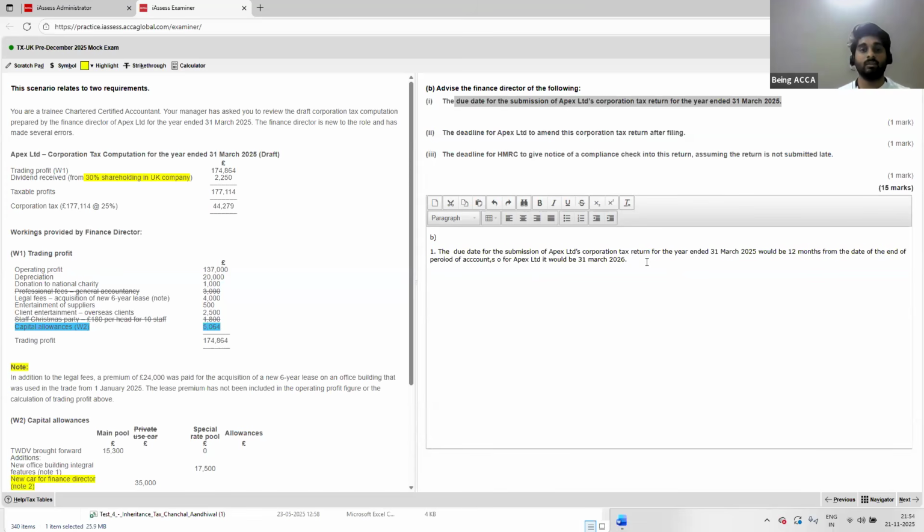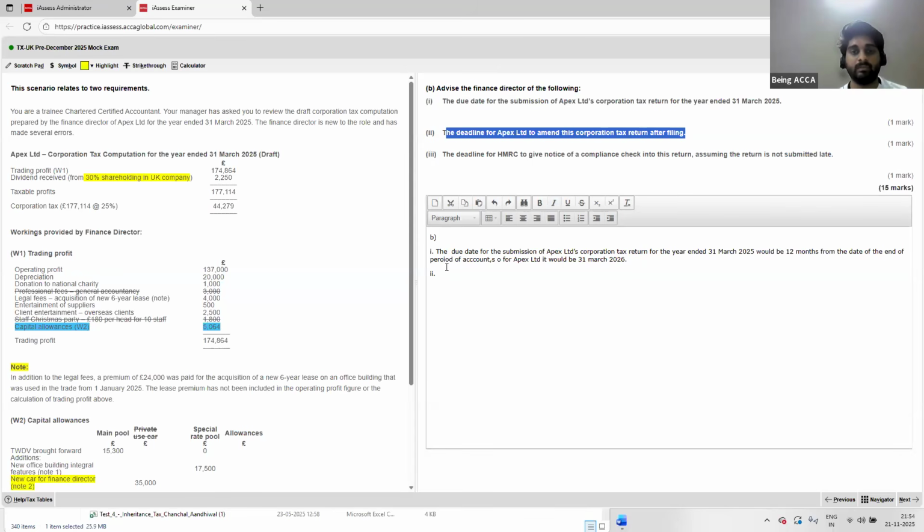All right. Next, we can directly remove this and write over here. The second one is asking for the deadline for Apex Limited to amend this corporation tax return after filing, which would always be 1 year after the date of submission.